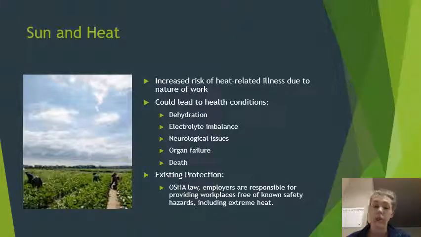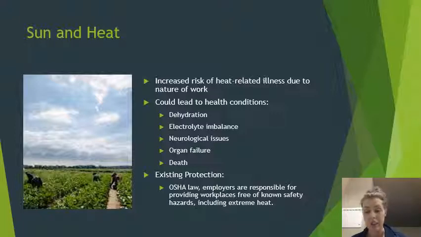So agricultural workers are at an increased risk of heat-related illness due to the nature of their work. They are typically working outside in adverse weather conditions. Many times they're out in the sun for hours. And they could potentially be using a lot of heavy equipment or wearing long sleeves and pants that actually affects their body temperature.